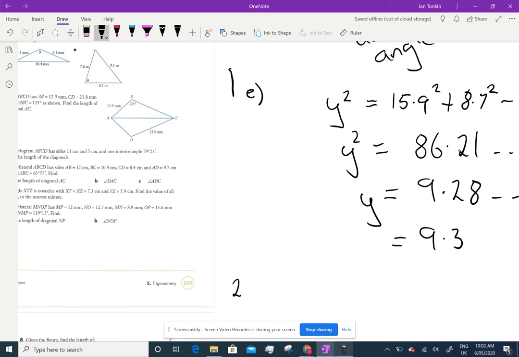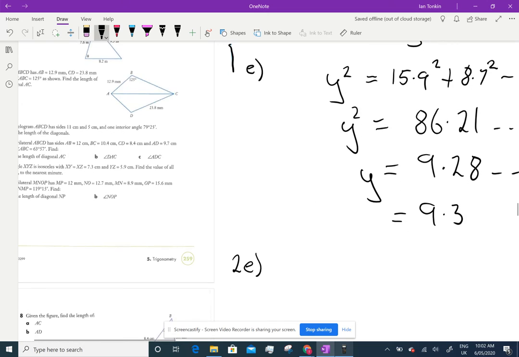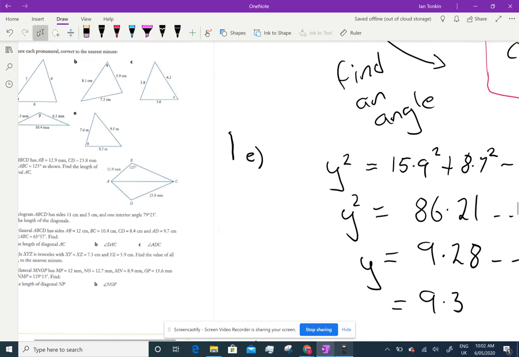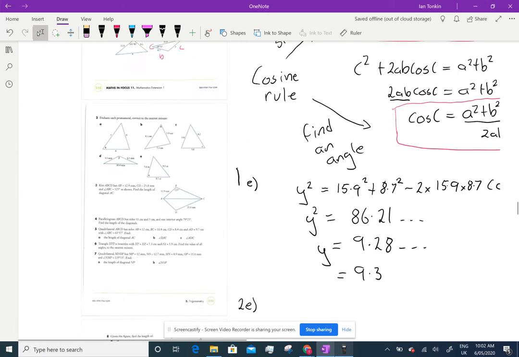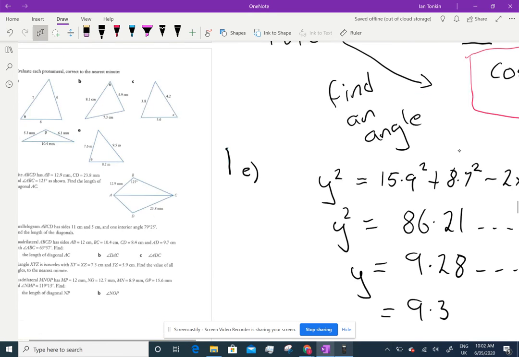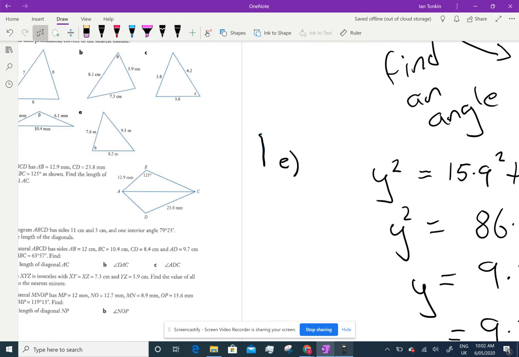Finding an angle. I'm going to go straight for the angle formula over here, cos C, and I'm going to apply it to this one here. So it's important that you get the right ones. So here, that's A, and that's B, and that's C. If you mess them up, you're going to be in trouble.